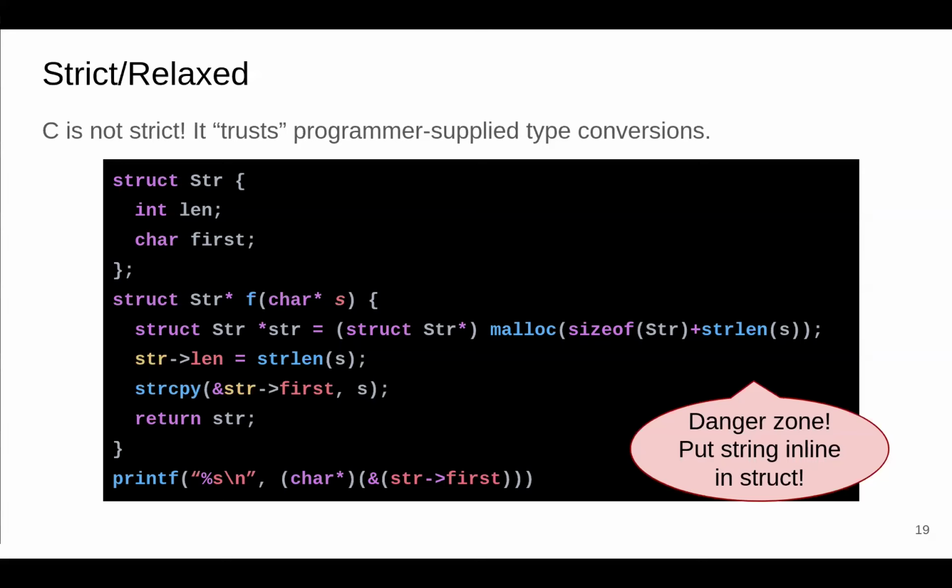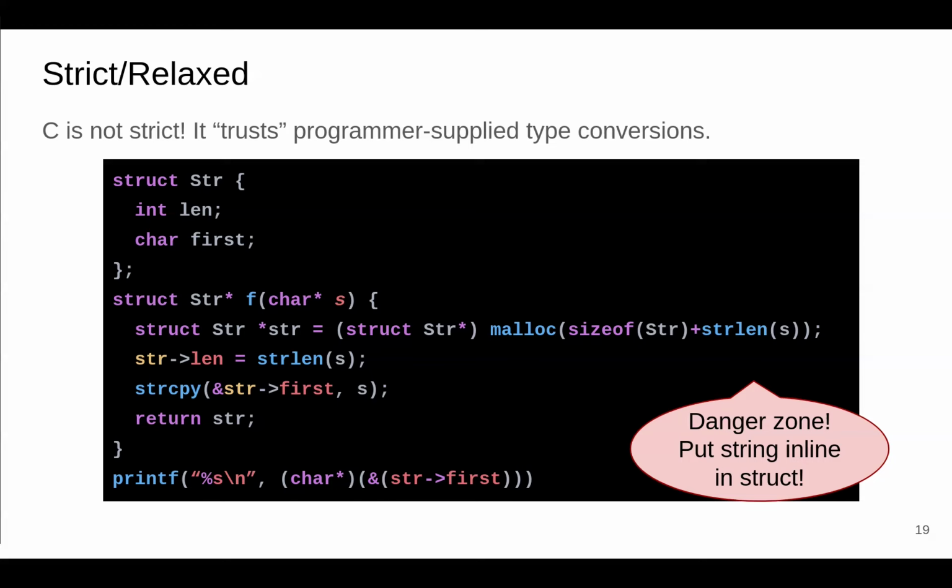Now, interestingly, when we do something with this string, we allocate the size of this structure plus the length of the string. We store the length of the string in this variable, all good, and then we copy the string that is passed as a parameter in here.